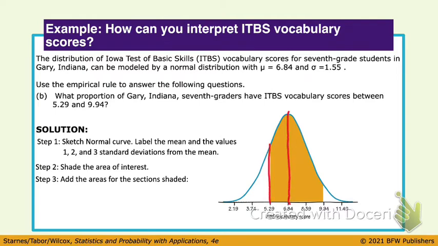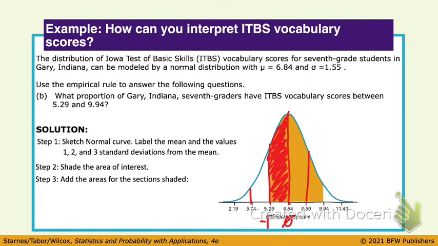What percent of the data is right there? That 13.5 is this one. This one's 34. So this is from 0 to negative 1 standard deviation. So this is going to be 34.